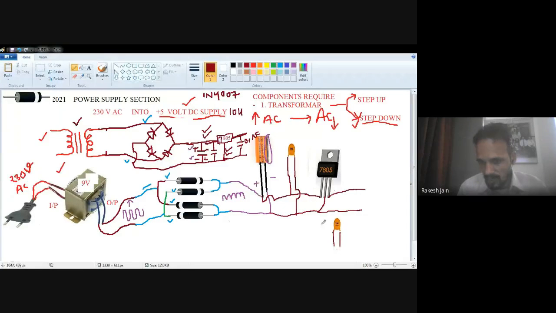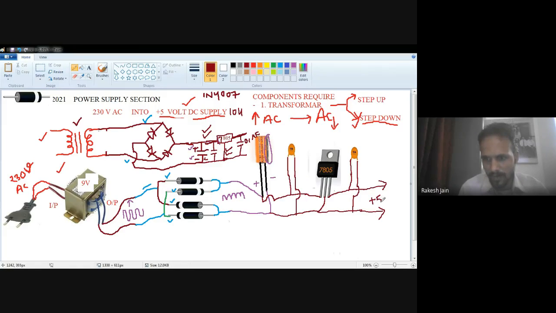And another capacitor, I just move to the upper side so you will not be confused. The first pin is connected with the third pin of the voltage regulator IC, and the second pin of this capacitor is connected with the same ground. Okay. Now the circuit is completed, and this circuit will give you plus 5 volt DC.